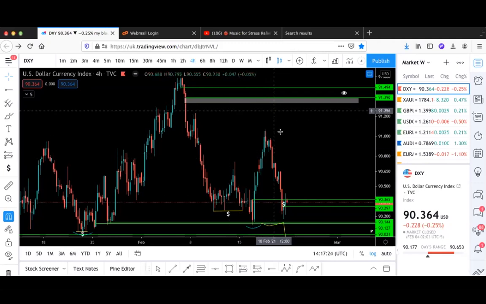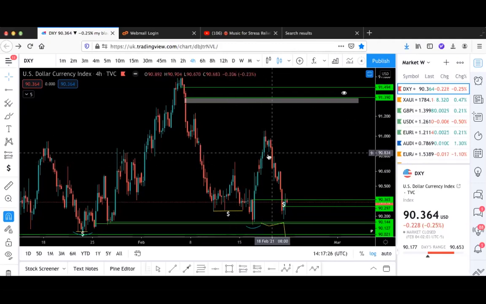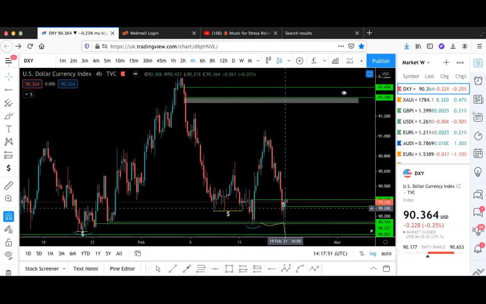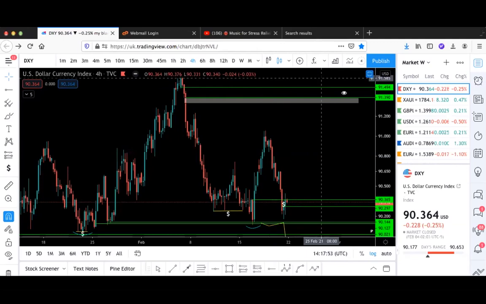Why? There are 2 reasons. One is all major pairs have a direct correlation with the dollar index, especially EUR/USD, because the dollar index is a combination of every pair. More than 60% is EUR/USD, so the dollar index influences EUR/USD the most. If the dollar index is dropping, EUR/USD will fly higher.